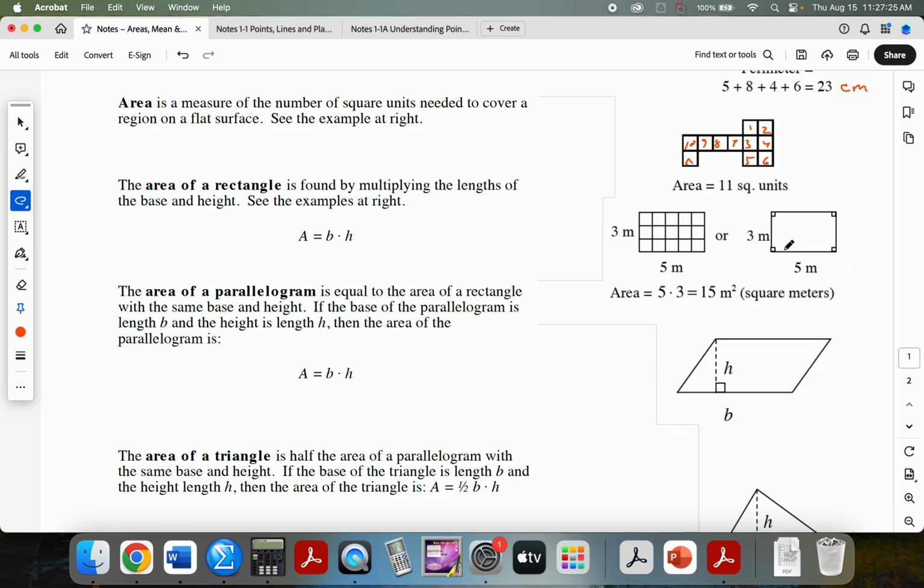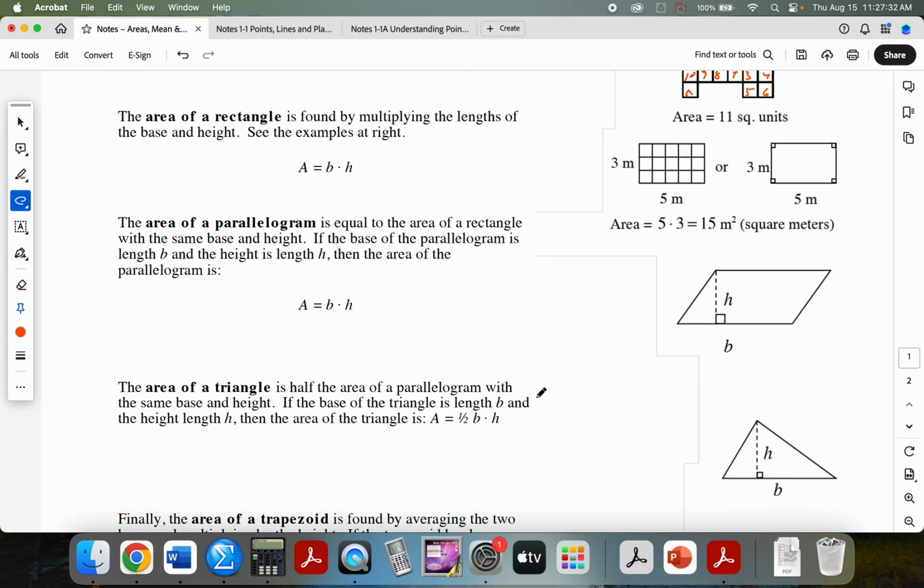So it's just a simple multiplication principle. And then the same is true if you have a parallelogram. A parallelogram has an area that's equal to the area of the rectangle with the same base and height. If the base of a parallelogram is length b and the height is length h, then the area is b times h.